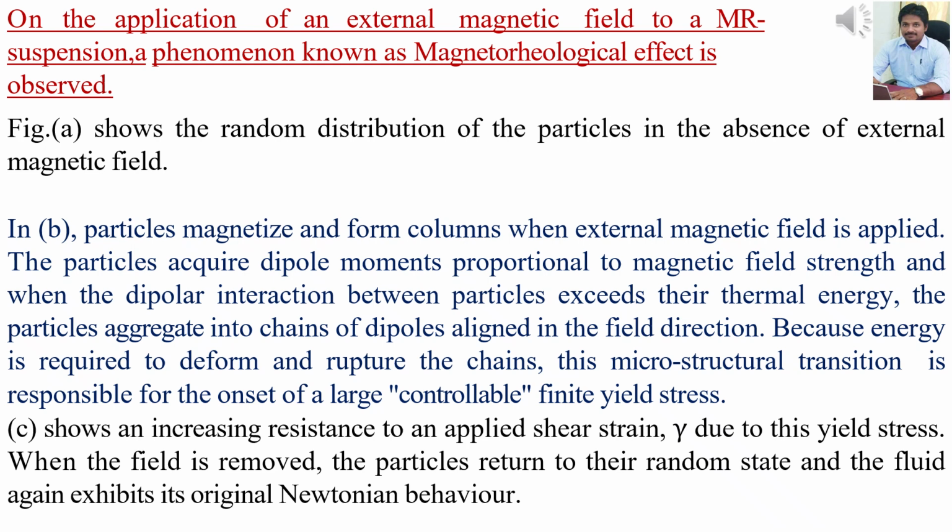This also increases the yield stress, which is involved in the removal of material over the surface. Once the magnetic field is removed, the particles return to their random state and the fluid regains its original shape as a Newtonian fluid.